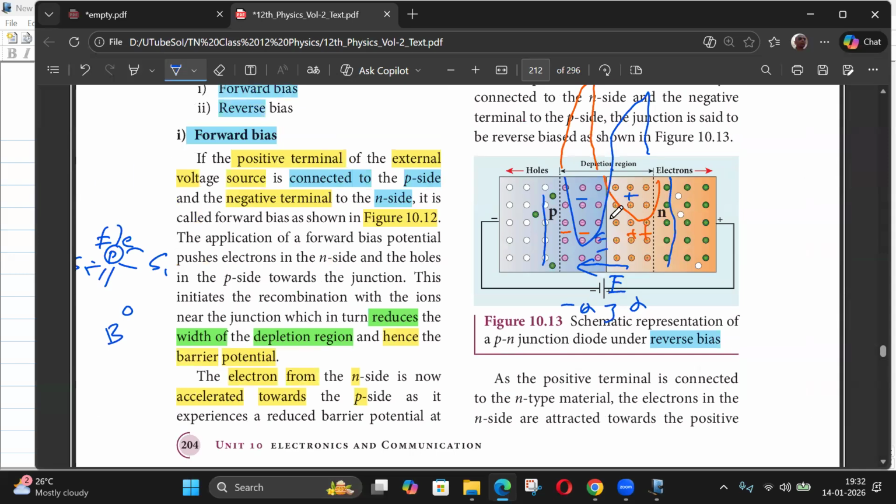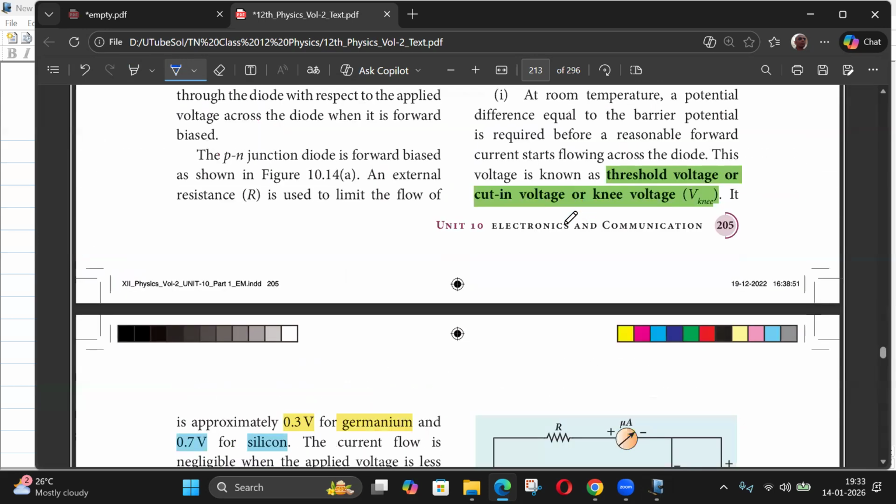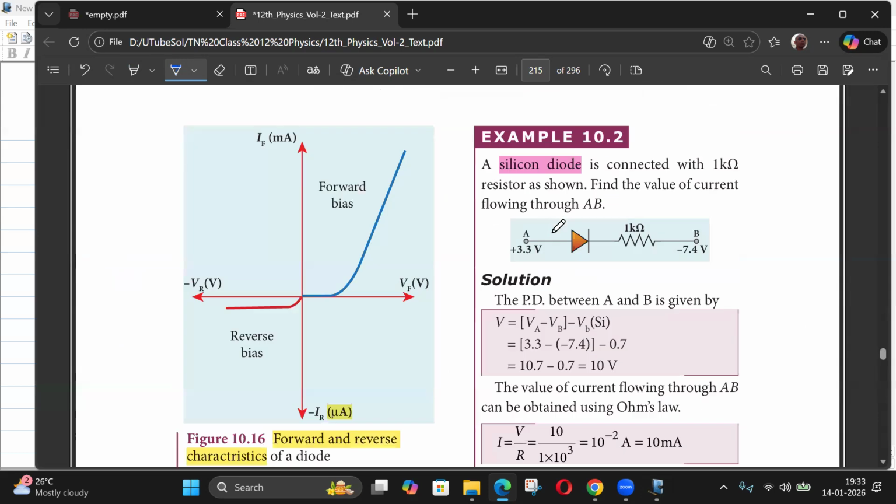Suppose one electron breaks a covalent bond and produces 2 electrons. Those 2 will hit 2 more and produce 4. So it's like a chain reaction, similar to an uncontrolled nuclear reaction, where it goes in geometric progression. So here also, the new electrons will collide and create more electrons and holes, which will increase the current.